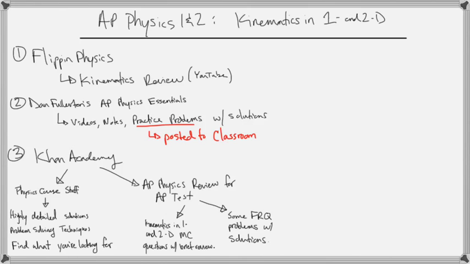Khan Academy has great stuff. Khan Academy is broken up into a lot of different areas, though, so it can take a little while to find what you're looking for, but I will post a direct link to what I think is most helpful for this upcoming test. In Khan Academy, there's the regular physics course stuff, which is all of the stuff they originally made for their physics course, which has highly detailed solutions to many different types of primarily quantitative problems.